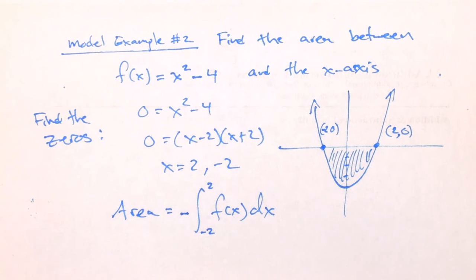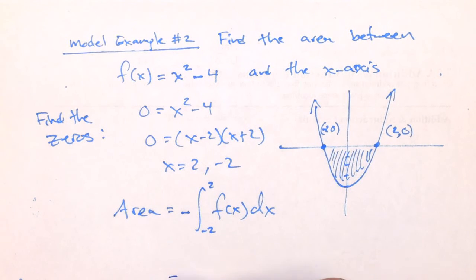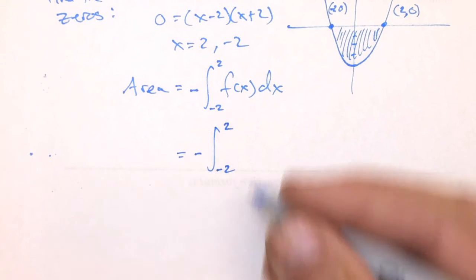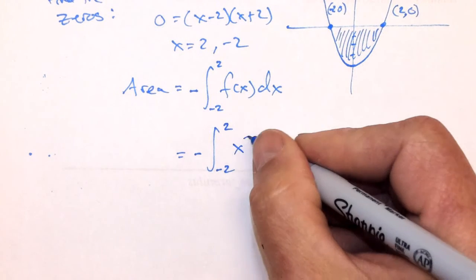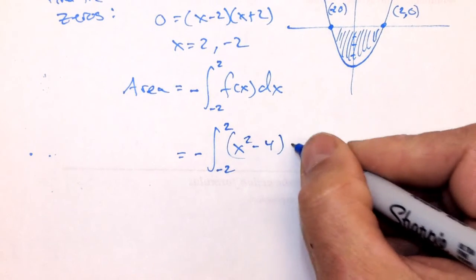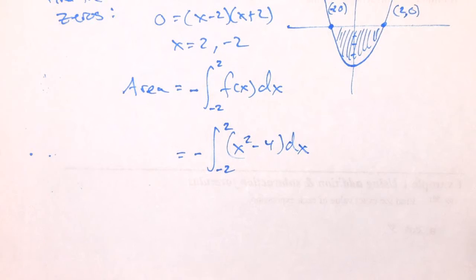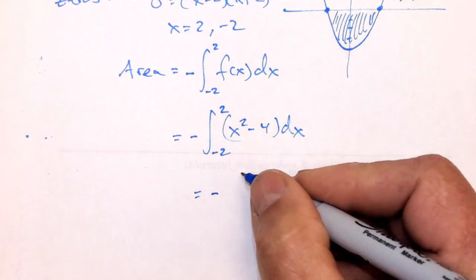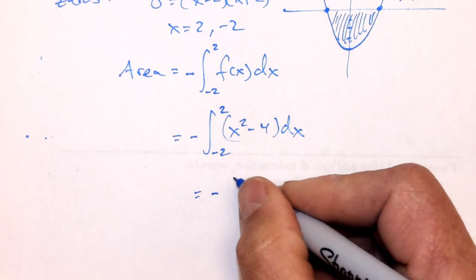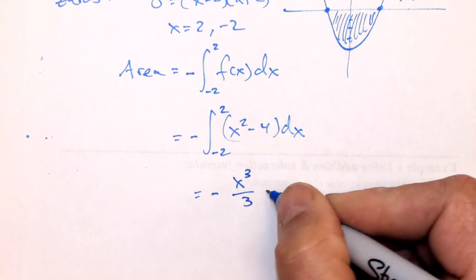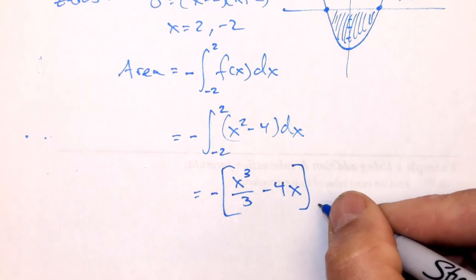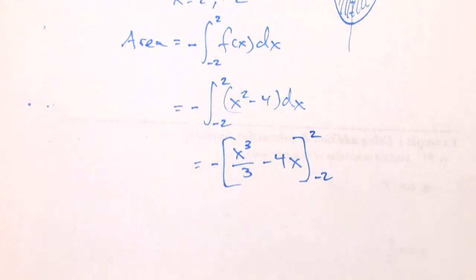Okay, now I'm just going to calculate that integral, so that equals negative the integral from negative 2 to 2 of x squared minus 4 dx. So I'm going to say that that is x cubed over 3 minus 4x evaluated from negative 2 to 2.